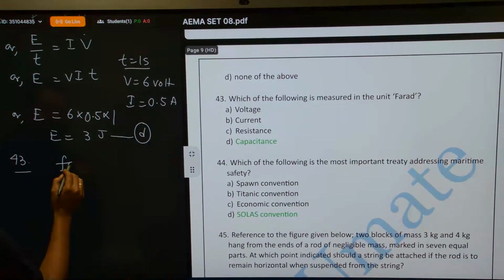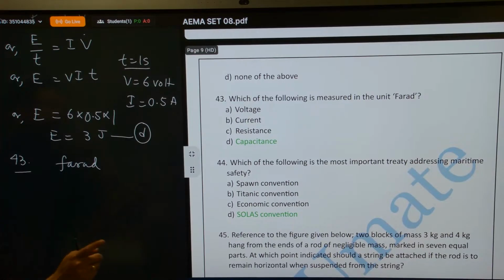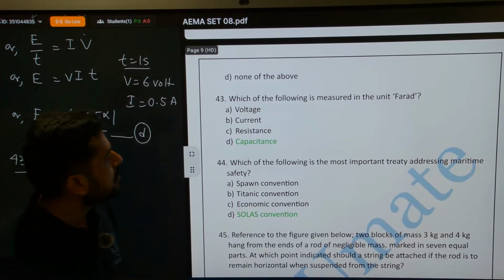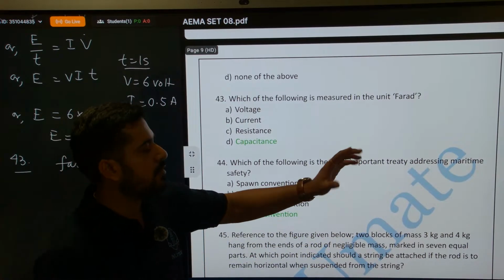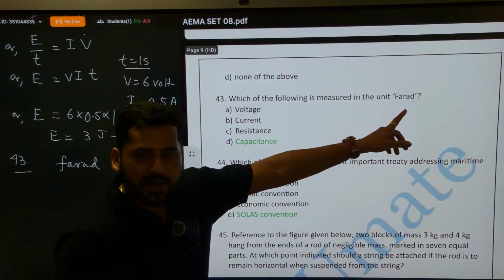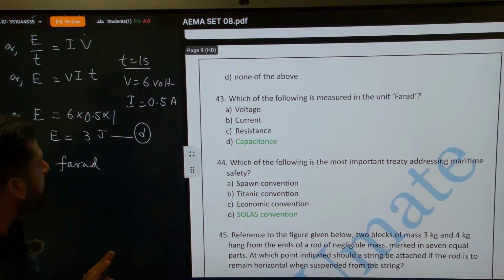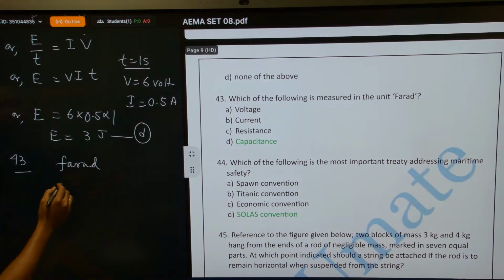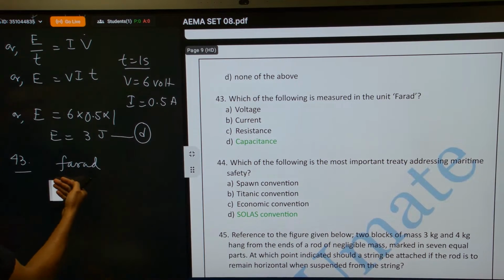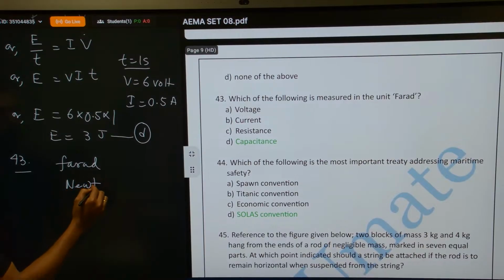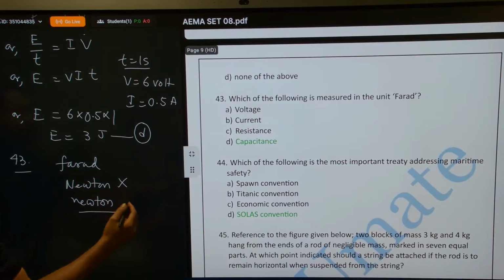43, farad. See, how can you tell this wasn't made by someone with a physics background? Because farad is named after a scientist. We cannot write any unit named after a scientist starting with a capital letter. For example, Newton is incorrect, you should write newton, or you can write the symbol also.